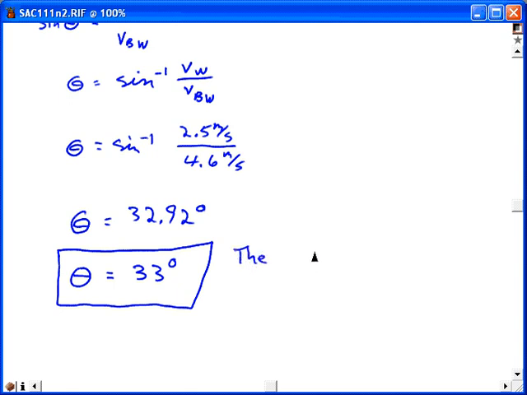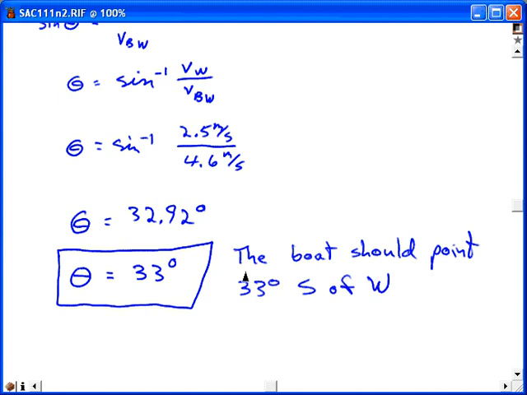The boat should point 33 degrees south of west. And that's a complete answer.